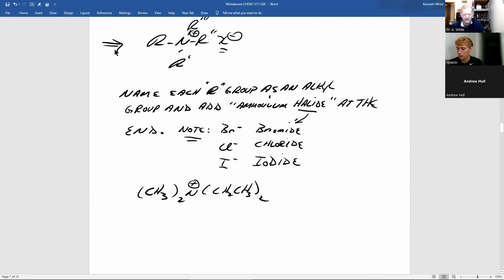And the halogen anion you put to the right of whatever's here, even though it's really bonded to this nitrogen by an ionic bond, not a covalent bond.